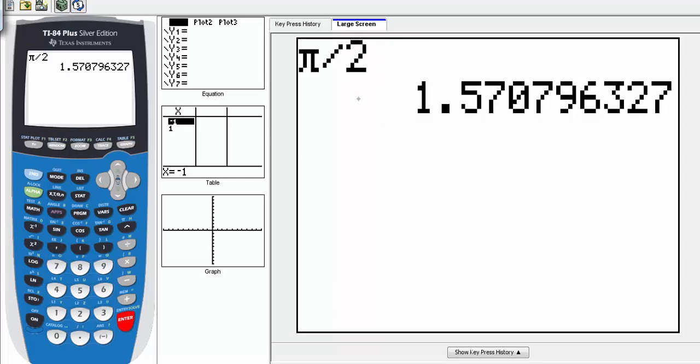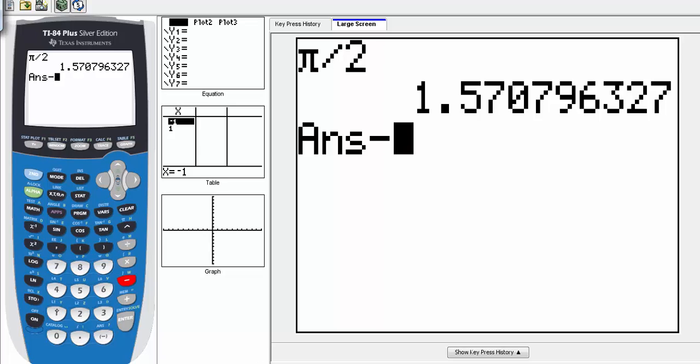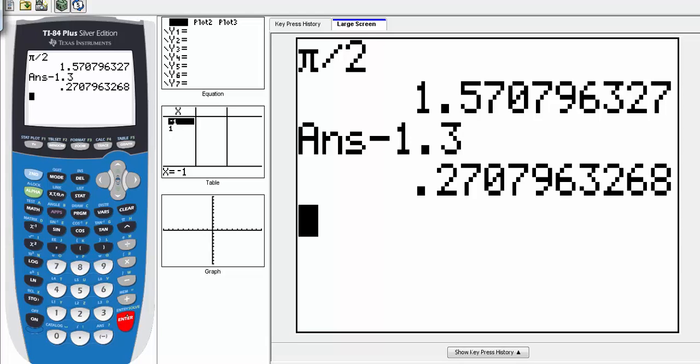So pi over 2 is the decimal 1.570796. So we could simply take that decimal and then subtract away the 1.3. If we do that, and we hit enter, we get approximately 0.27.